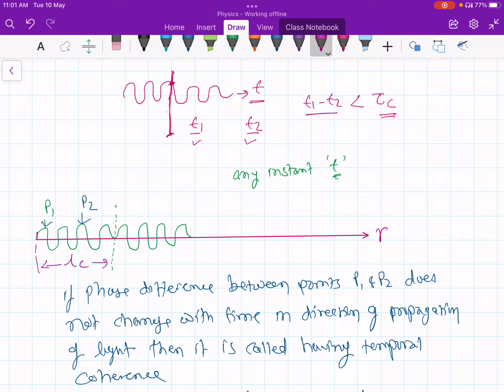Now the distance between points P1 and P2 is greater than the coherence length. It means if there is a point P1 over here, then point P2 is over here. So P1 and P2 are not on the same wave packet. P1 and P2 are on different wave packets at any instant, and so their phases are independent of each other.